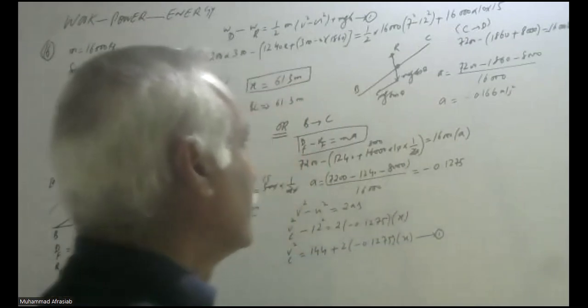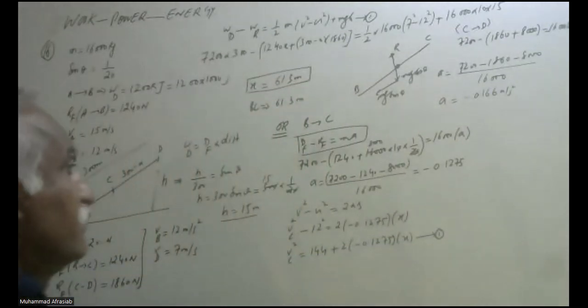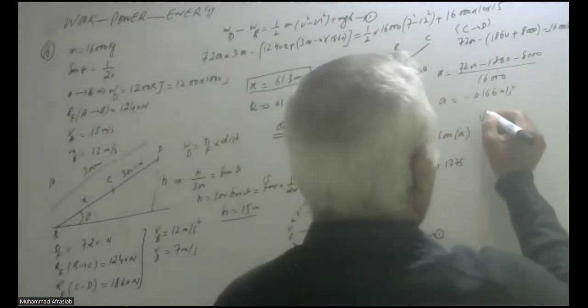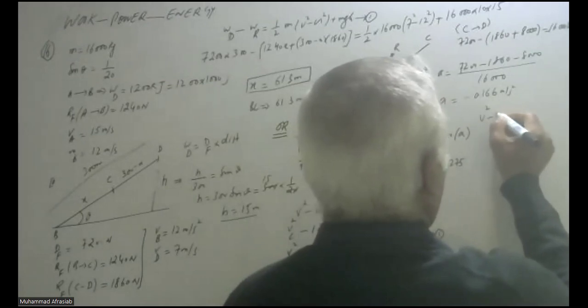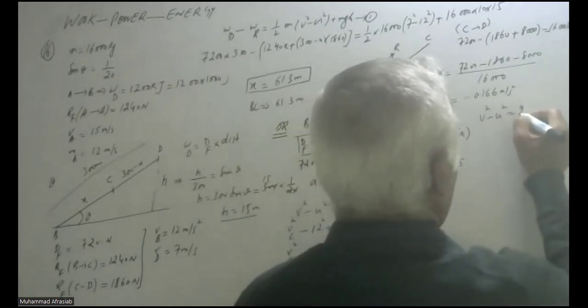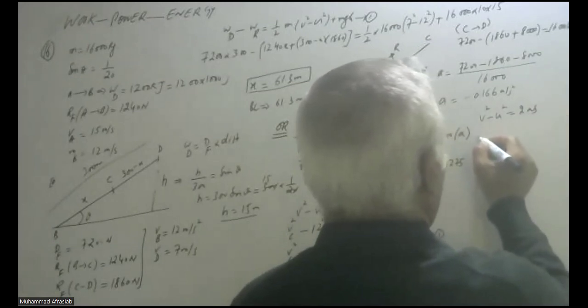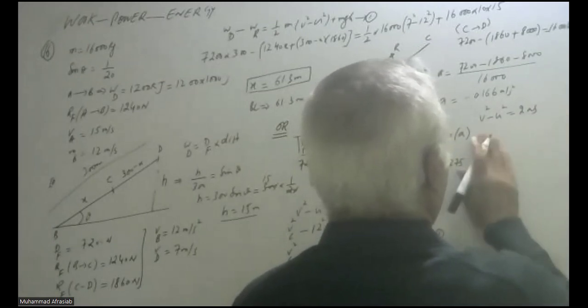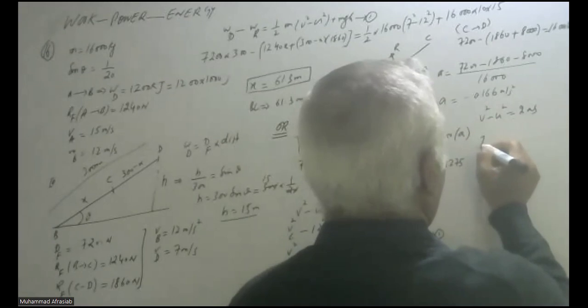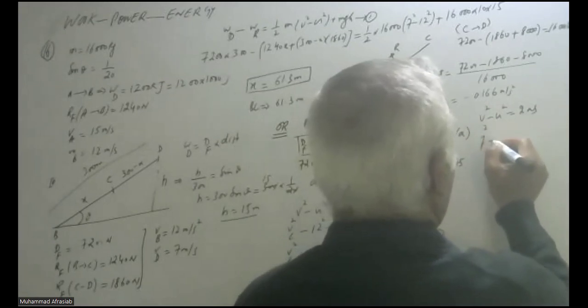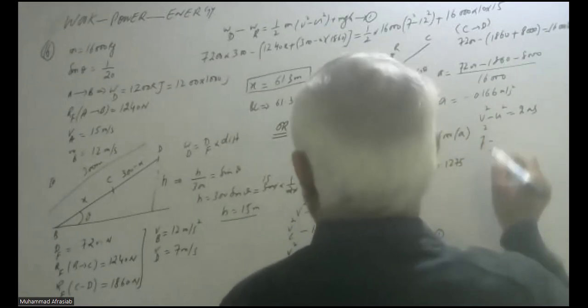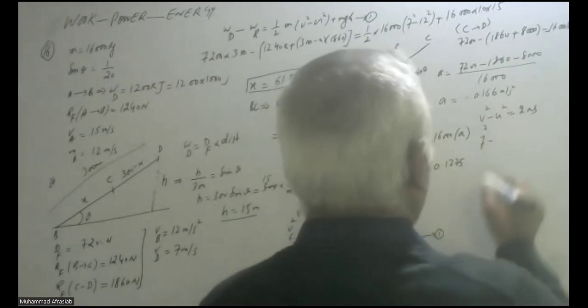Now you can calculate the speed at this D position. We know that velocity v square minus u square is equal to 2as. So velocity at D, that is 7 square, minus velocity at C, that we don't know.